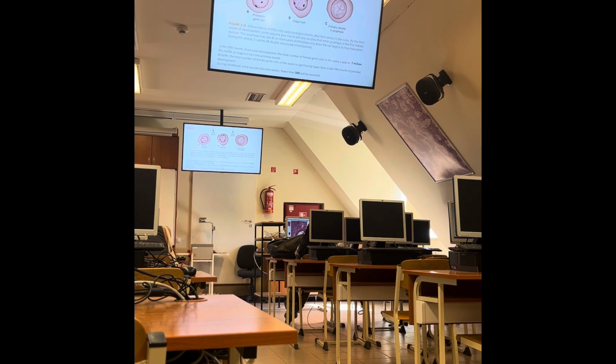So in the 5th month, the number of the oogonia is around 7 million. And then after the 5th month, the oogonia start to enter the first meiotic division and become primary oocytes. And these will stop in the prophase of the first meiotic division.